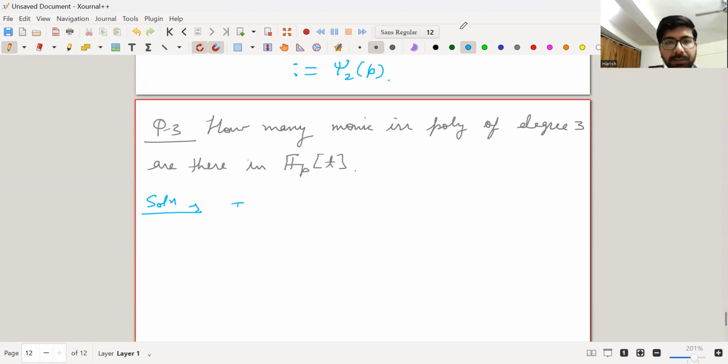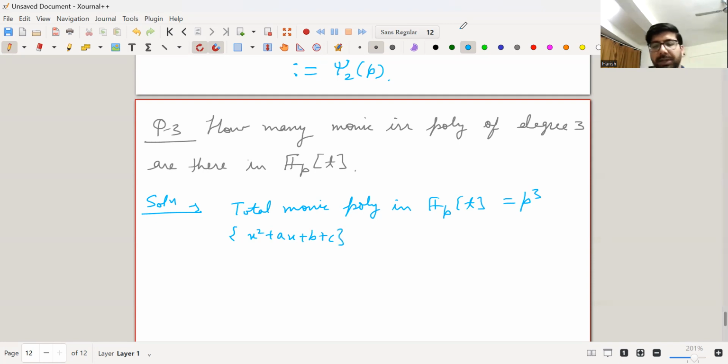The total monic polynomials of degree 3 in F_p[x], by the same argument, number p cube, because it has to be of the form x cube plus a x square plus b x plus c, where a, b, c are in F_p. So there are p cube many choices.